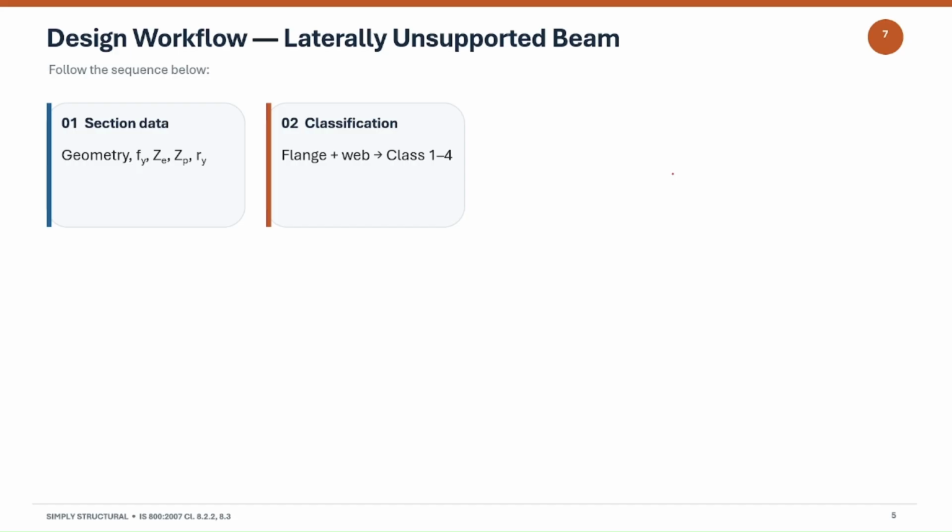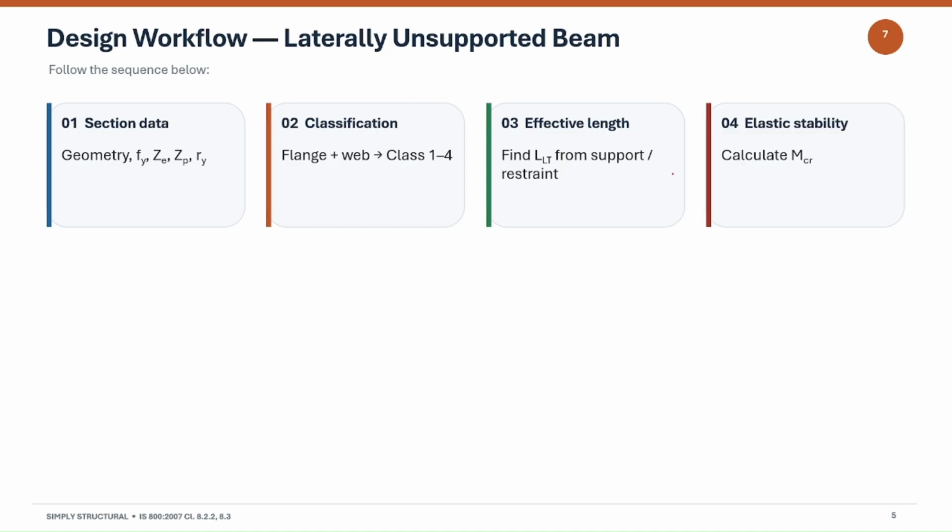The first thing is we will classify the section. The section can be plastic, compact, semi-compact or slender, that is class 1 to 4. We will calculate the effective length, LLT. Then we will calculate the critical moment, Mcr. Then we will calculate the value of λLT.